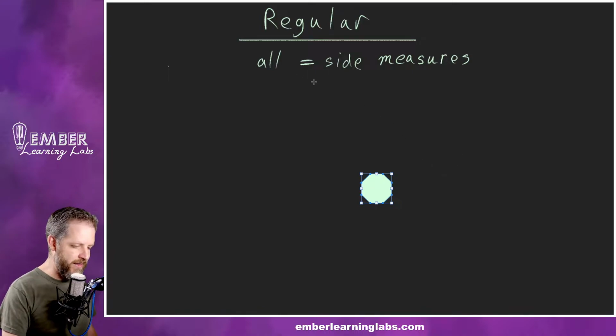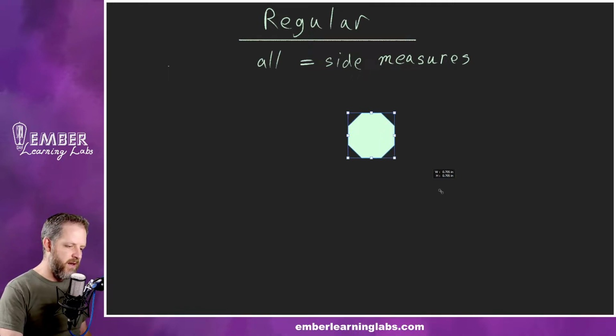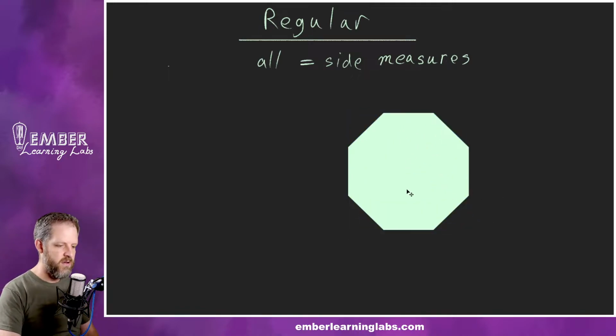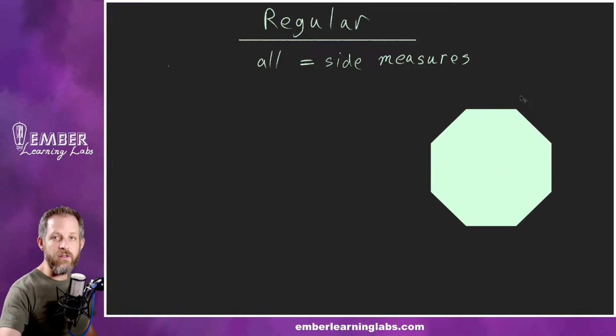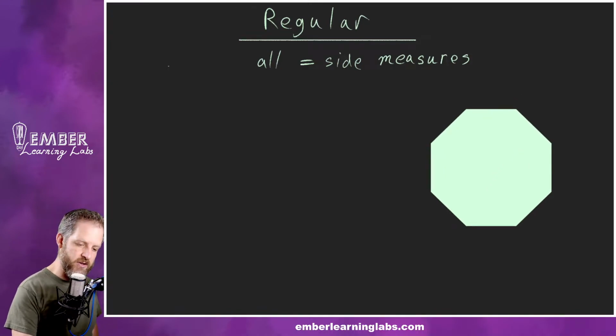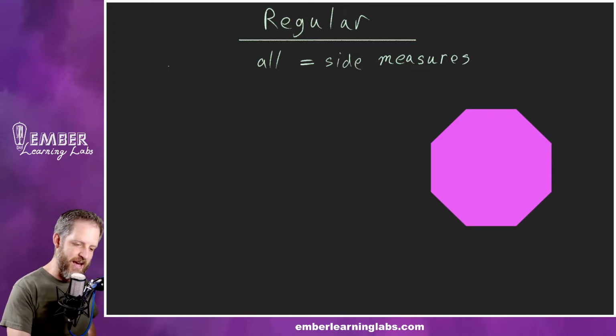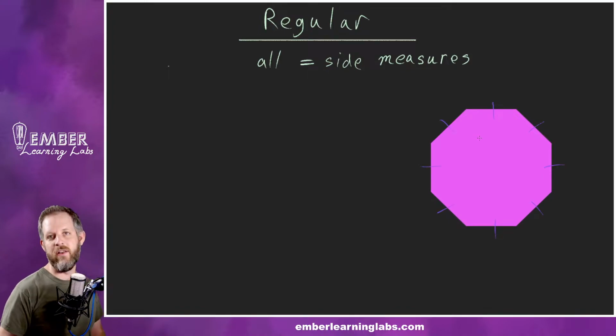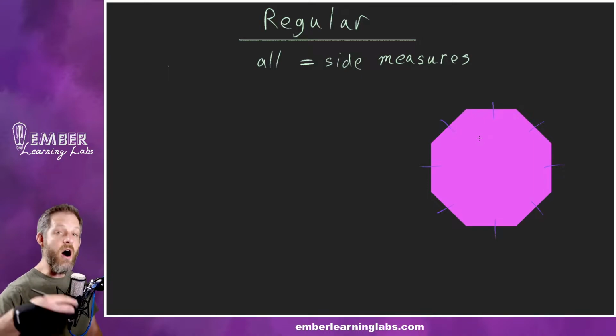This guy right there would be a regular polygon. That's in fact a regular octagon. Let me make it bigger. So it has all the sides equal measure, so we could label that. I didn't mean to make that pink, but that works. All the sides are equal. So this and this and that and the other one, all of those sides are equal.